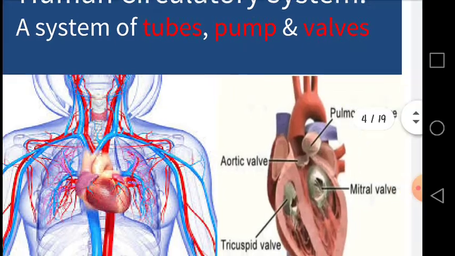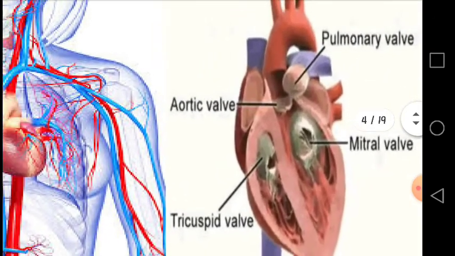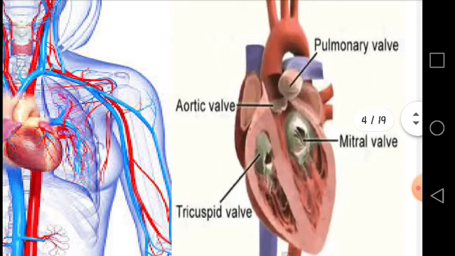Dear students, now we are going to focus on the heart. The mammalian heart is a muscular pump, made of a special type of muscle known as cardiac muscle. The heart pumps blood around the body so that the blood can supply the tissues with oxygen, nutrients, and other substances.